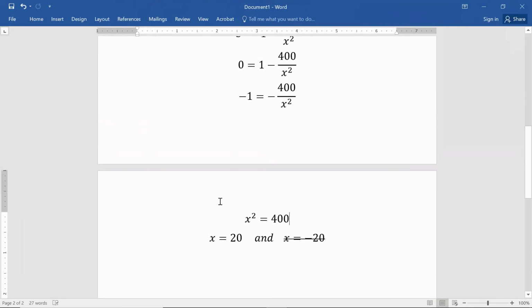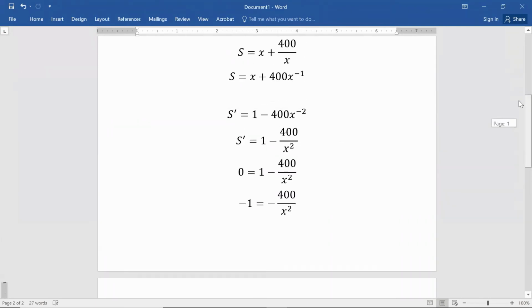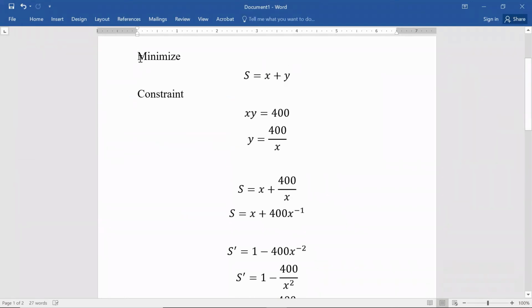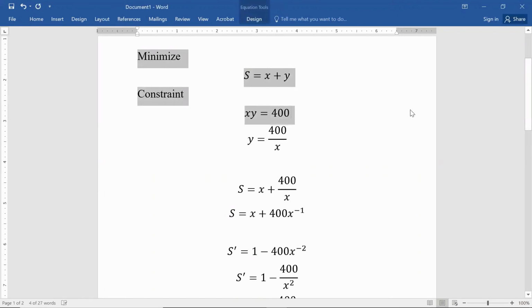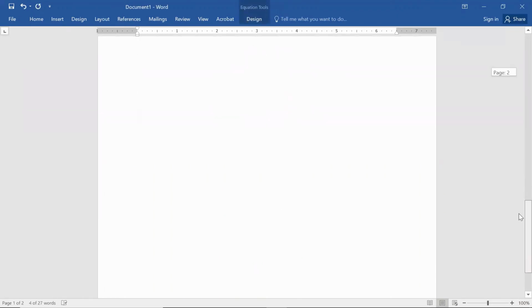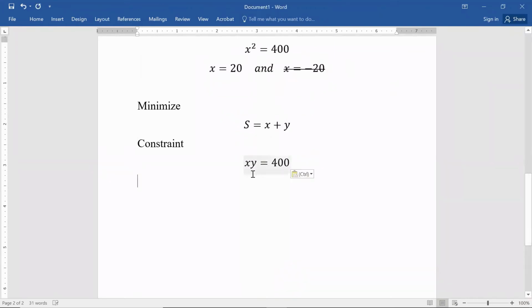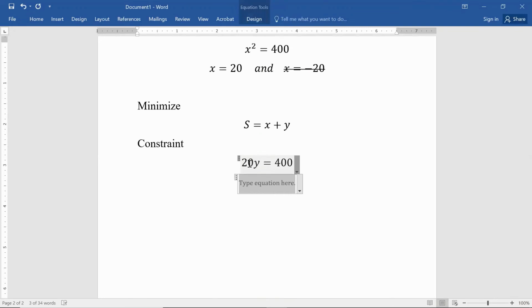Let's go back up and see what that means. Remember, we were going to minimize with this constraint. And now we know that x is 20. If x is 20, my constraint equation forces y to be 20.